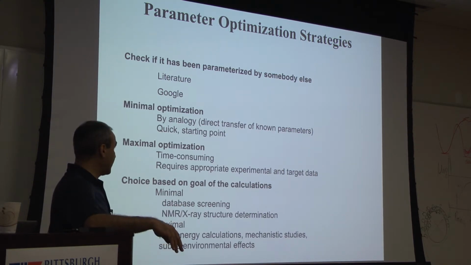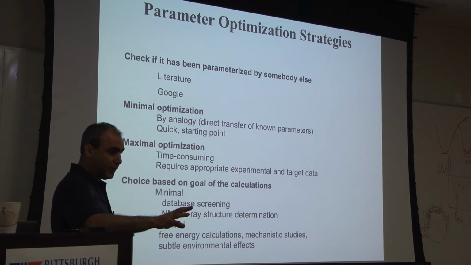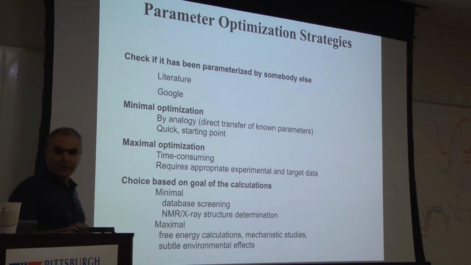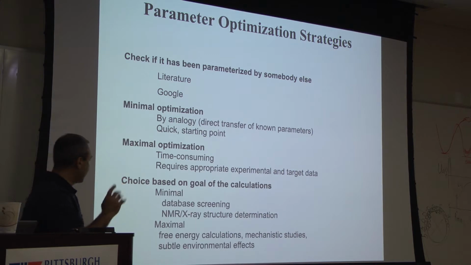All the steps are streamlined a little bit in FFTK. So those of you who want to do parameterization in CHARMM, I suggest that maybe this afternoon you can start playing with FFTK. So again, what FFTK does, maybe I'll come to that later.